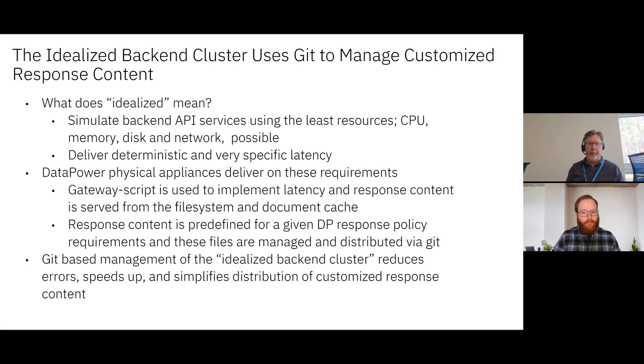And so we have to have backends and load drivers that are not going to inhibit the test of the DataPower itself. And so I use this fleet of backends to deliver API endpoint services that are idealized in the context of using as little resource as possible.